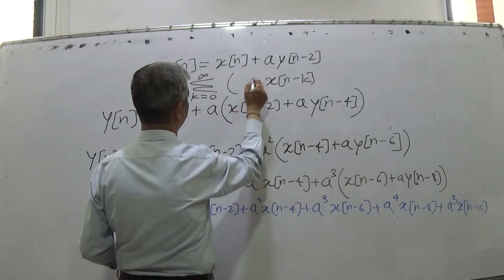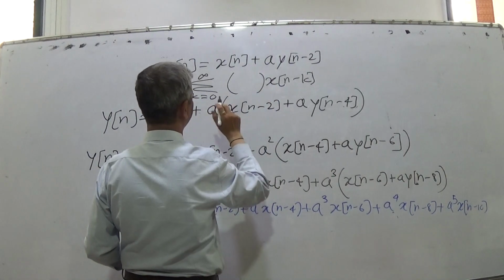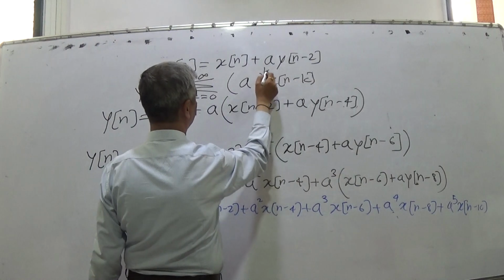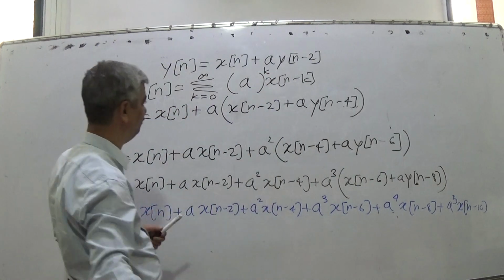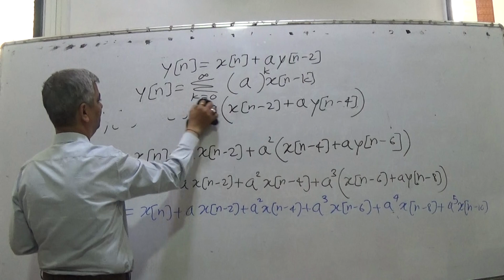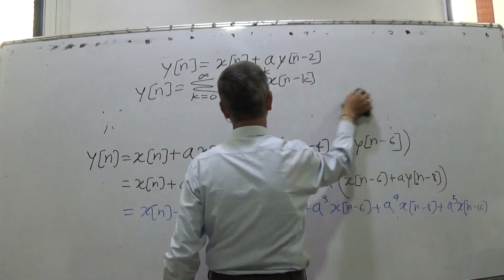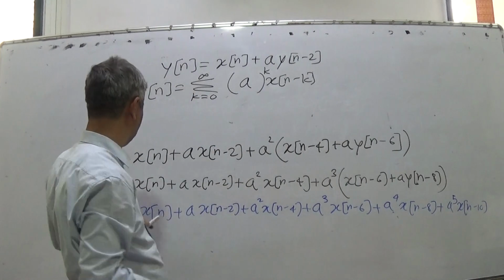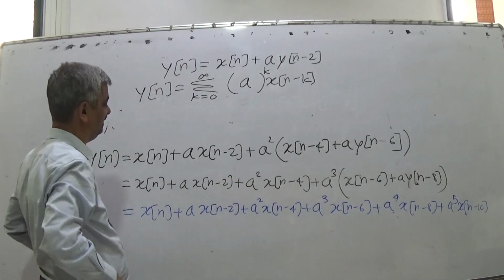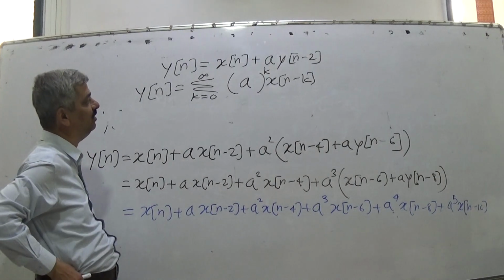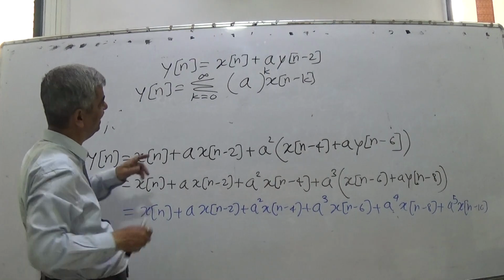So this is something like a raised to k, but not so clear. a raised to k, x of n minus k. So when k is 0, it is xn. But when k is 1, it is not there.